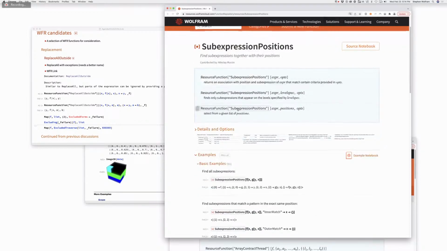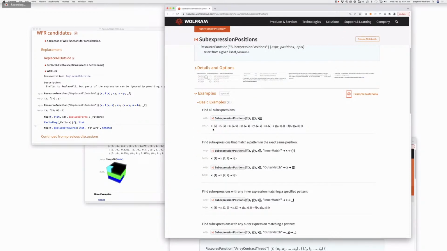What is this? Find expressions, find sub-expressions together with their positions. I see. What is this now? Find all sub-expressions. Okay, find sub-expressions that match.